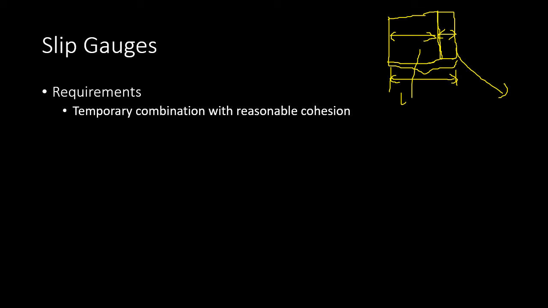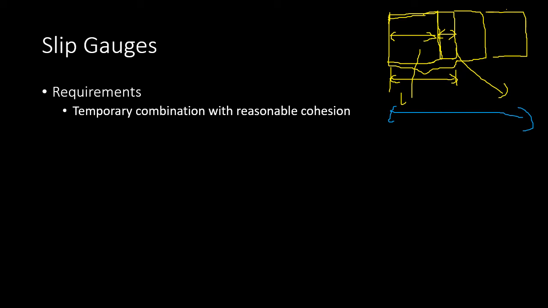So this is just an example of two, but if you want to measure a higher dimension, a longer dimension, then there might be addition of other slip gauges to this. And finally, this combination should be such that minimum number of slip gauges are required for measuring any particular dimension.